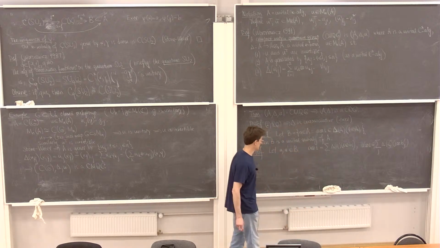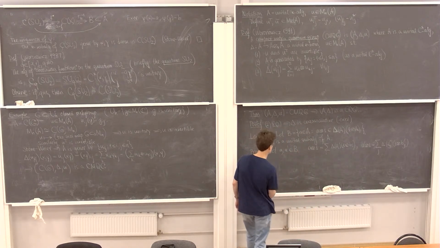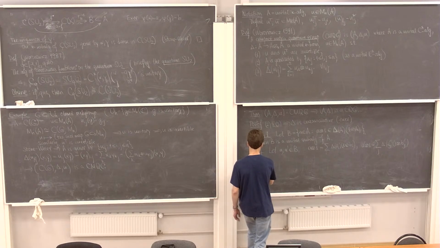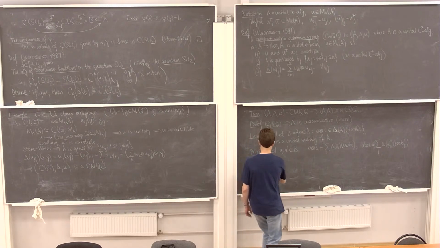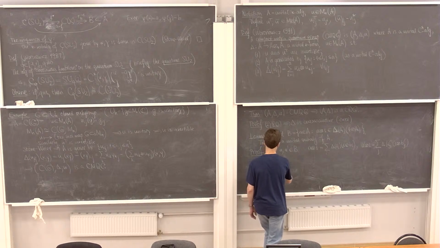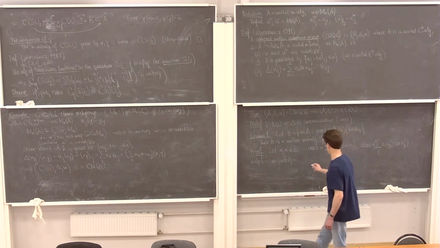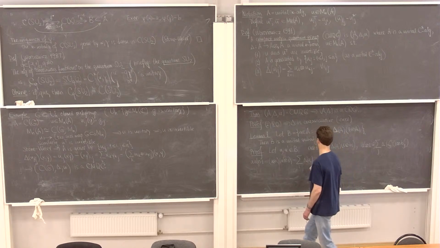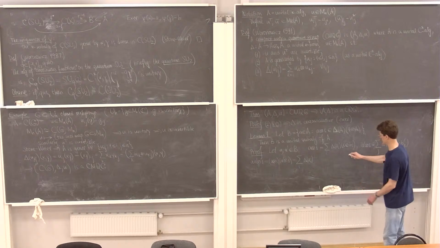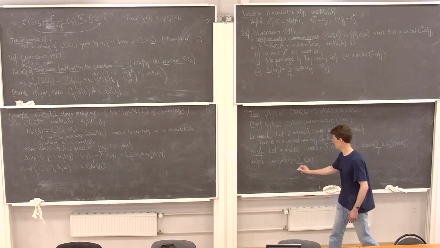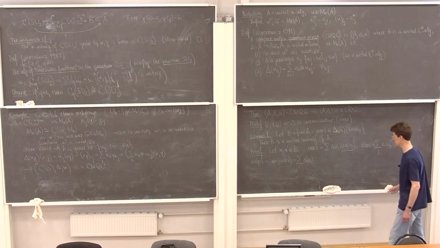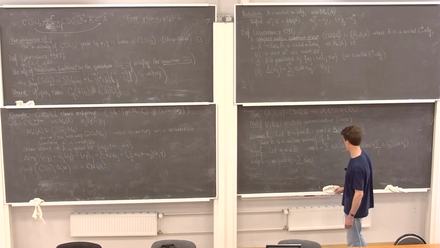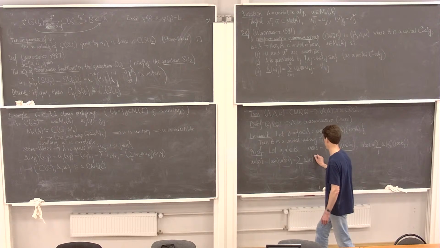So let's multiply these two expressions. a a prime tensor 1 is just the product of a tensor 1 and a prime tensor 1. So a tensor 1 is the following sum over i, delta of a_i, and here let's observe that we can interchange this and this, so these two elements commute. So this can be written as delta of a_i, a prime tensor 1, 1 tensor b_i.